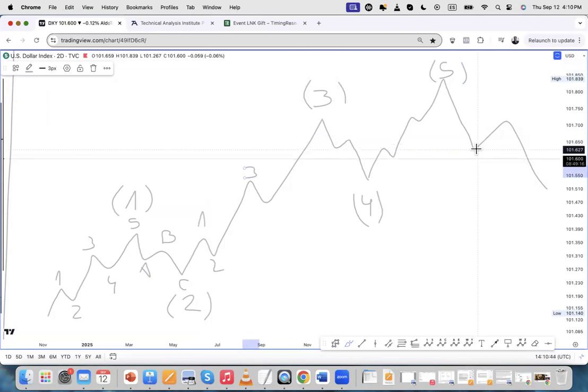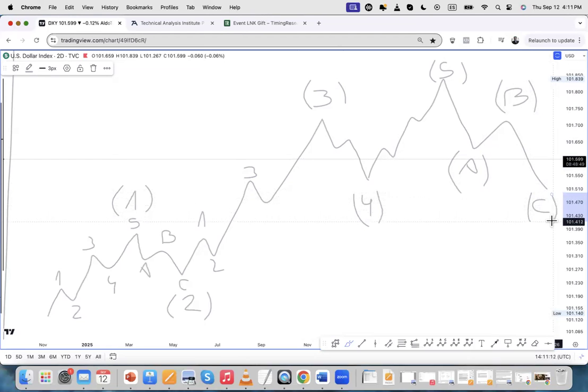And the same thing applies here. The only difference with this ABC here is that this ABC is in parentheses. They are of larger degree, right? And these also become the building blocks of yet a much higher degree.